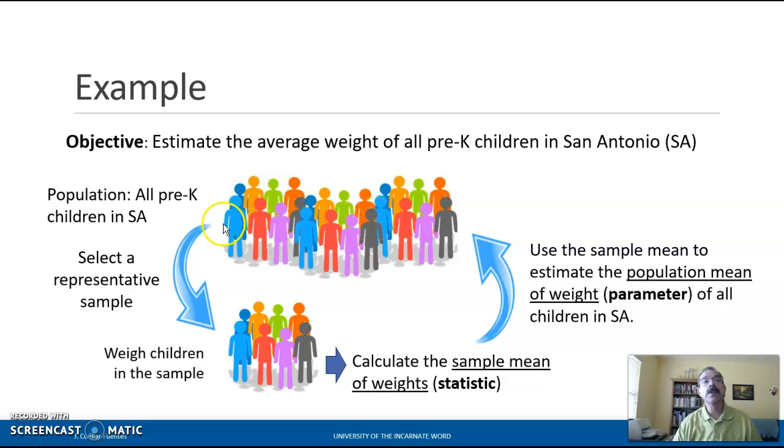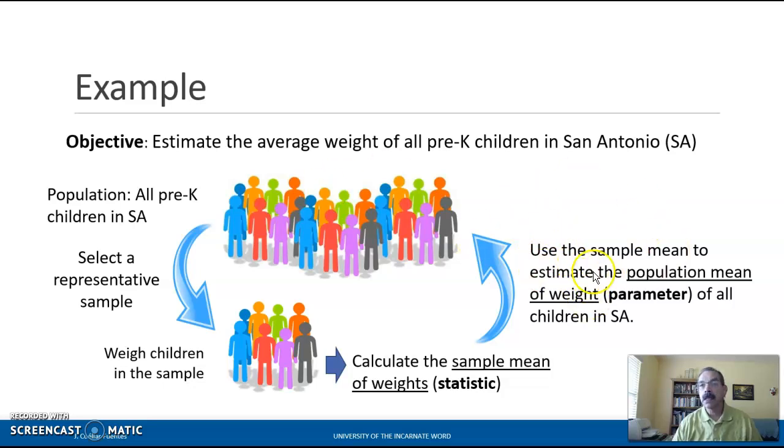So what we do is select a representative sample. Once we have that smaller number of children that represent the population, then we weigh them. Then we use all their weights to calculate the sample mean, which is the statistic. Then we're going to use that sample mean to estimate the population mean of weight, which is the parameter.